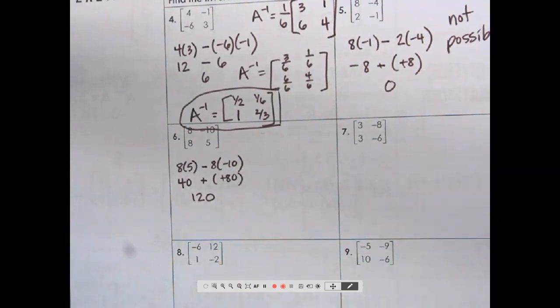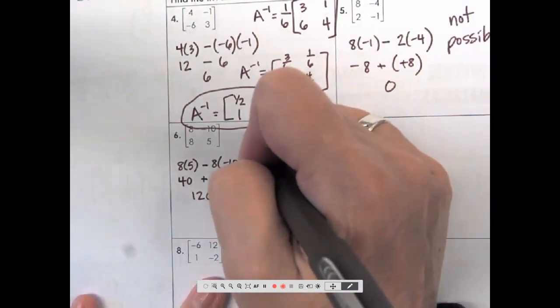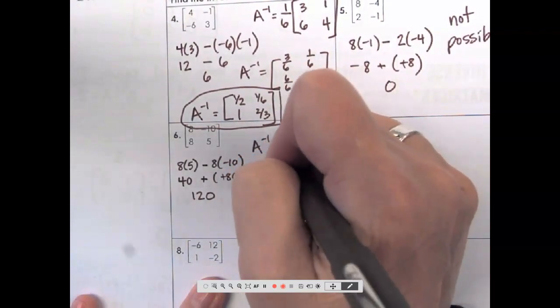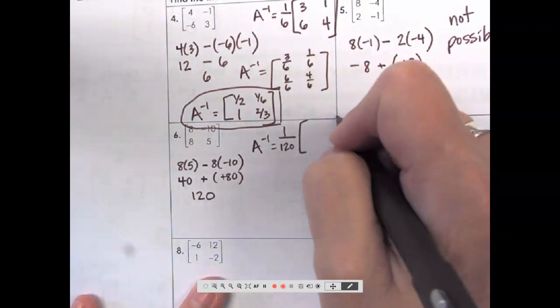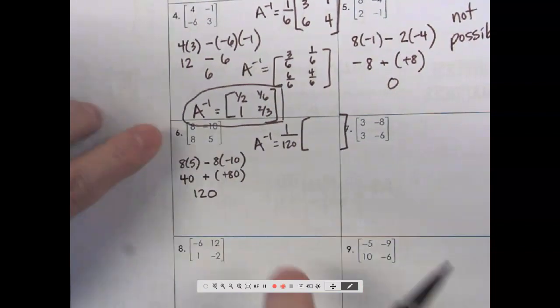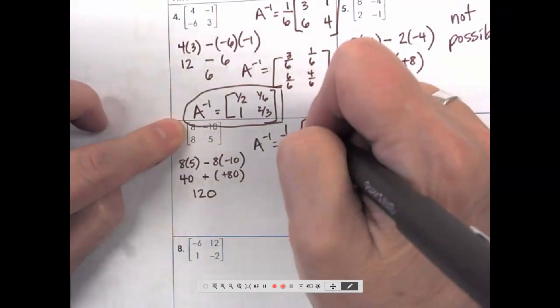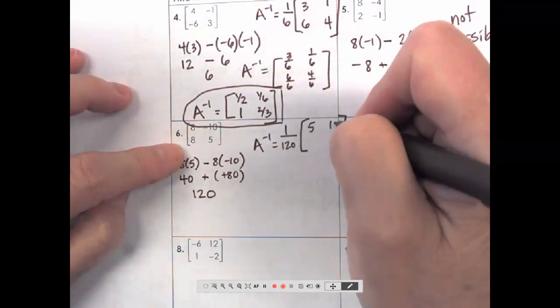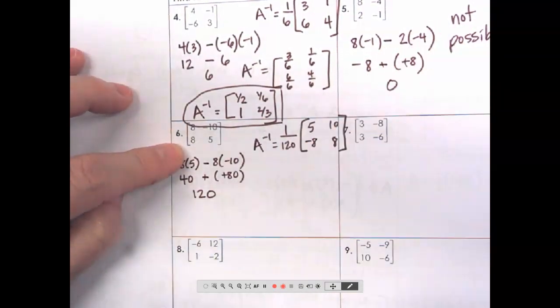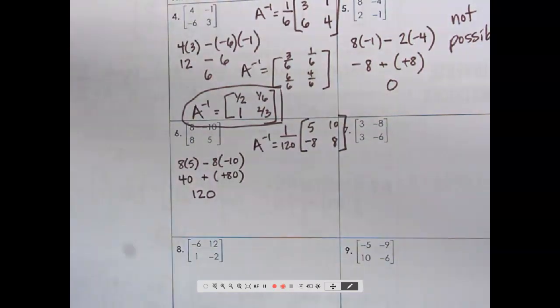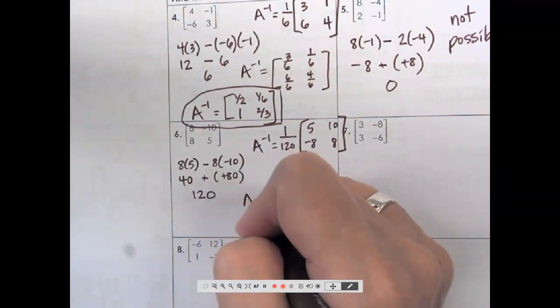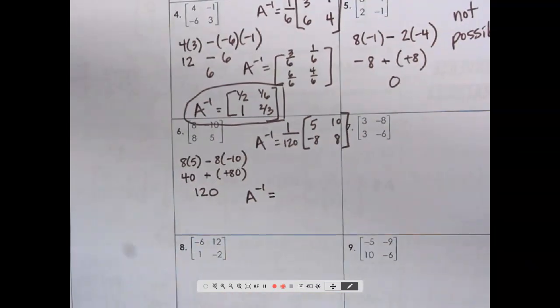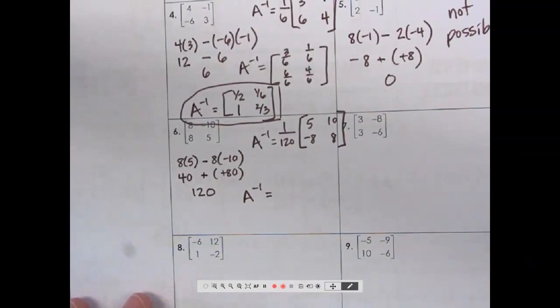It does have an inverse, and that inverse will be 1 over 120 times, switch the 8 and the 5, switch their location, then negate the other two, so the 10 becomes positive, the 8 becomes negative. And now that just means scalar multiplication, so everything inside this matrix gets multiplied by 1 over 120. Well, let's just use our calculator for that one.